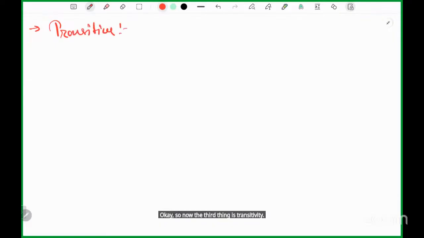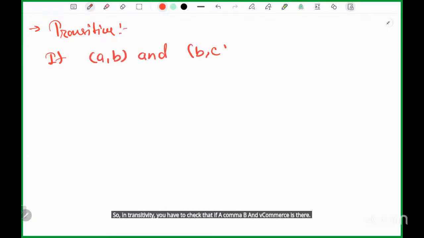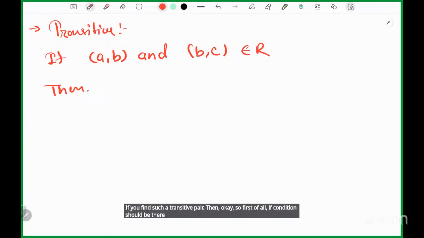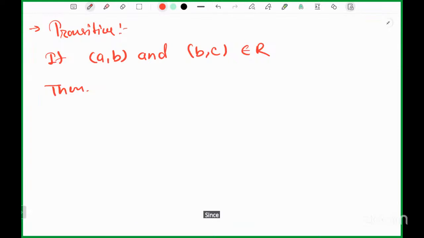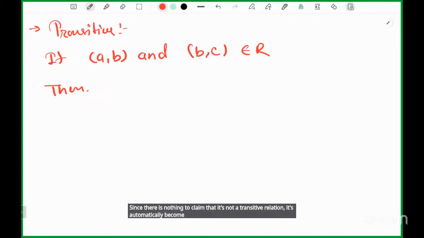Okay. So now the third thing is transitivity. In transitivity, you have to check that if a comma b and b comma c are there, if you find such a transitive pair, then okay. First of all, the if condition should be there. If these types of pairs are not there, you don't have to check anything. Vacuously you will say that since there is nothing to show it's not a transitive relation, it automatically becomes transitive. I'll take that example too.